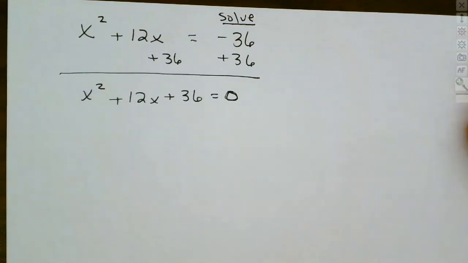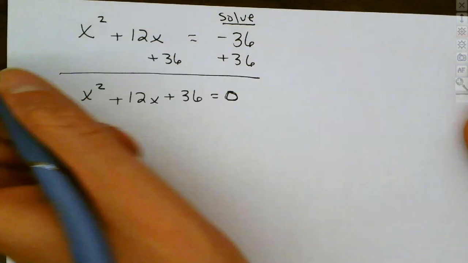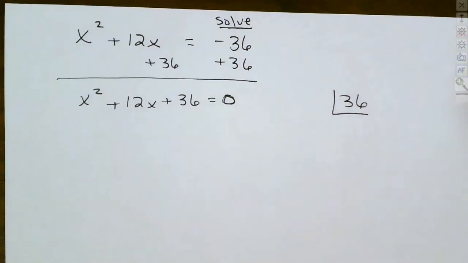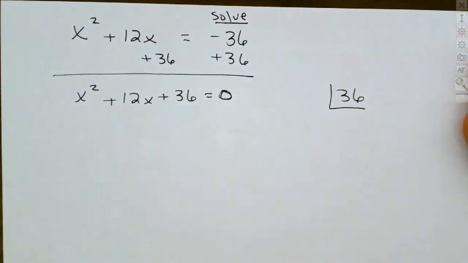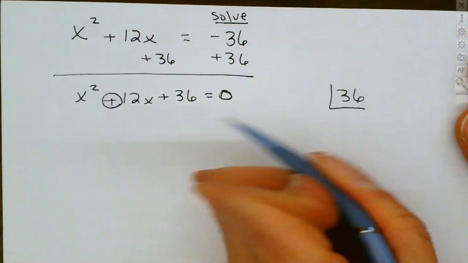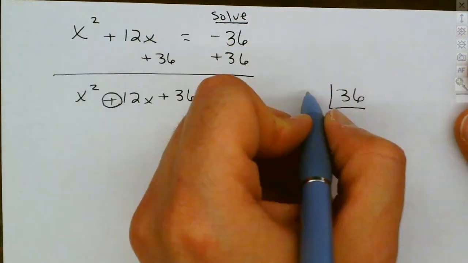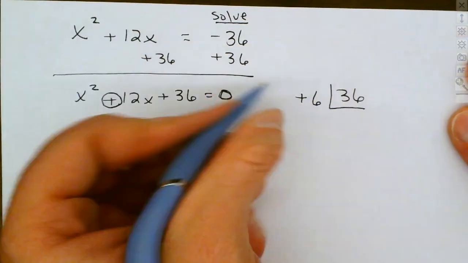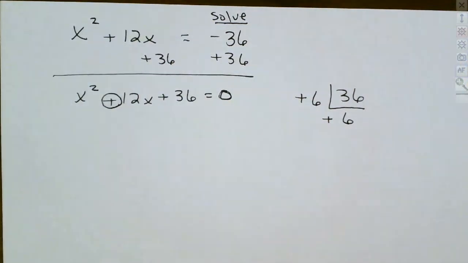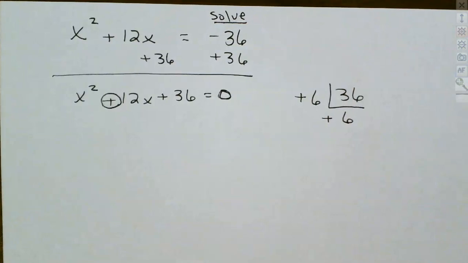Now, if I try to factor this one out, what do we have? First times the last again, that's a 36. What do we know about the signs? Both positive. Why are they both positive? 36 is positive. Sign in the middle is positive. And what two numbers multiply together to give me 36, add together to give me 12? 6 and 6, right?